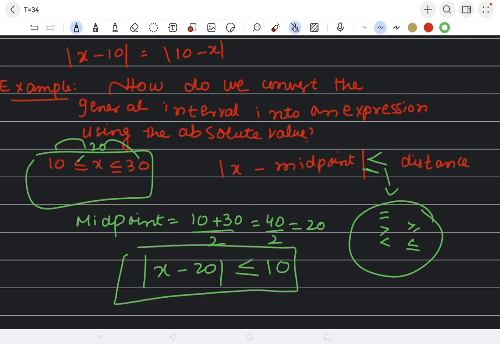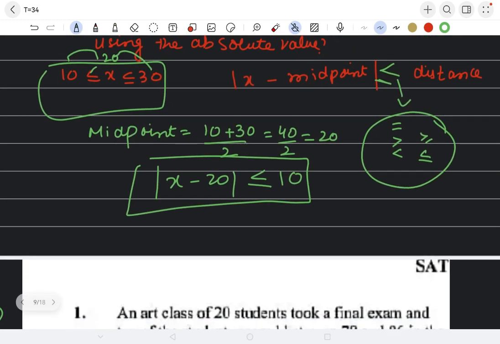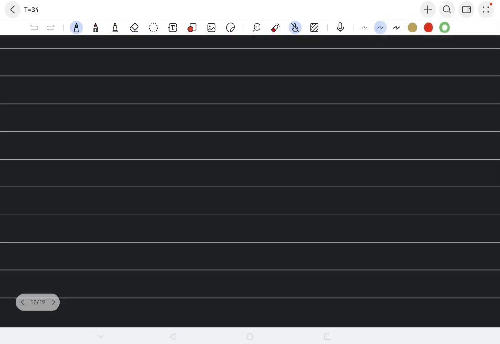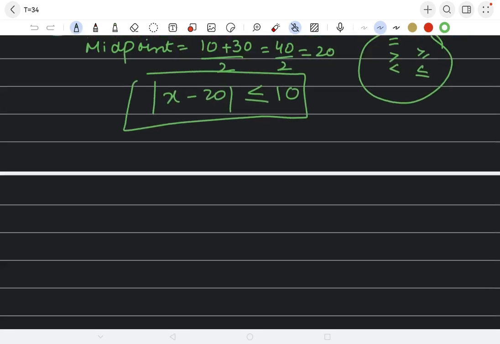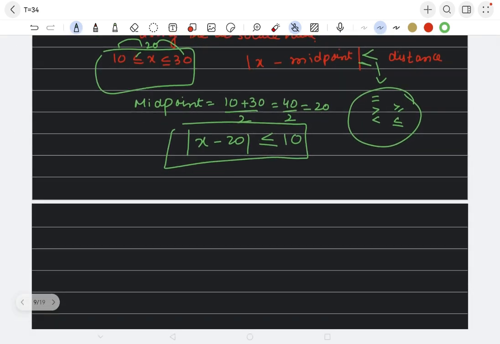I told you the reason behind putting less than equal to. Okay, let me add one page here to tell you more about it. Now let's suppose I change the pattern of the question, same question. Instead of writing it in this format, let's suppose I write x less than equal to 10 and x greater than equal to 30.